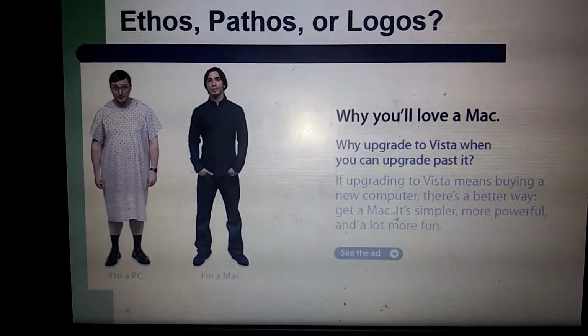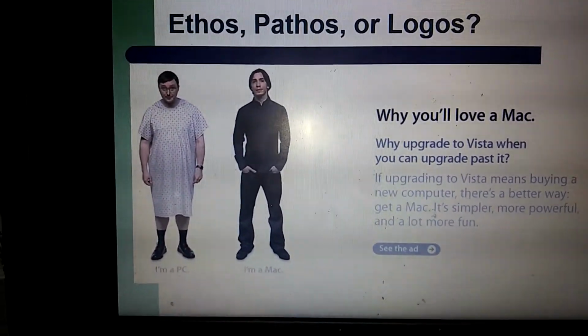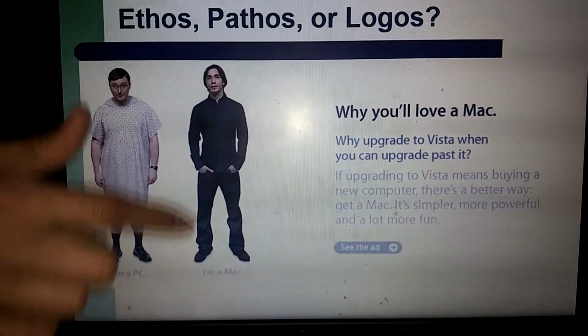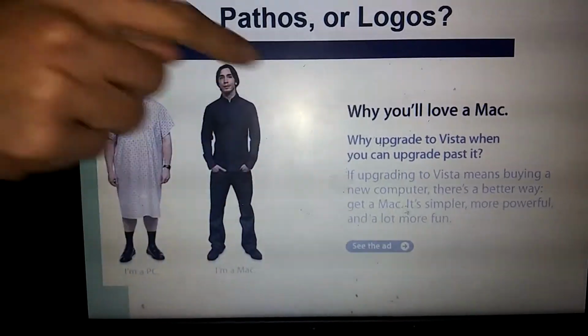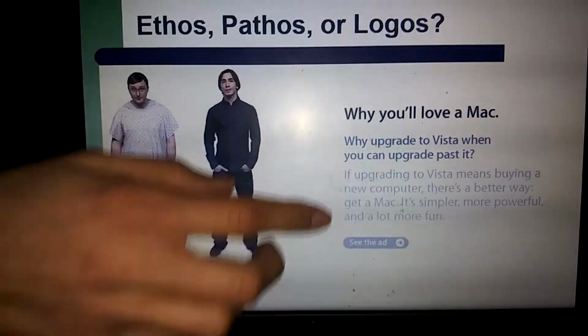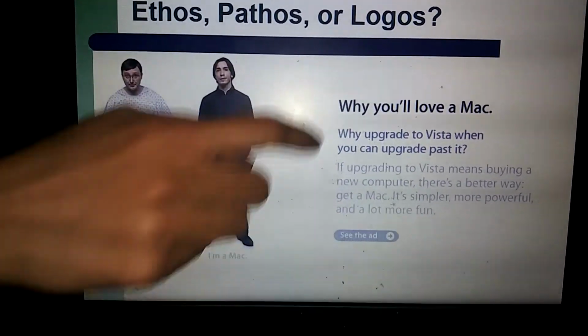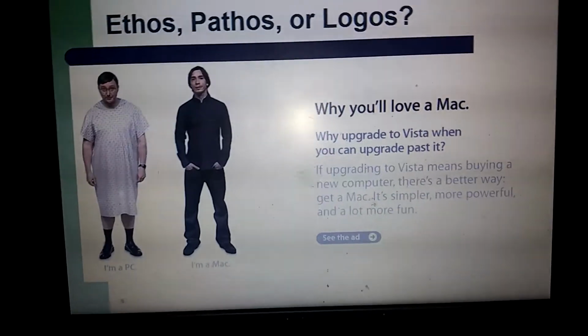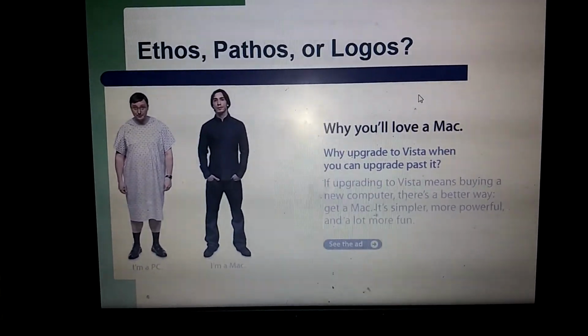Okay, so if you're ready, we'll proceed. If not, pause it. So basically, anything having to do with attraction, physical appeal is going to be pathos, okay? And then anything having to do with a little bit of information is going to be logos. So you have those two there.